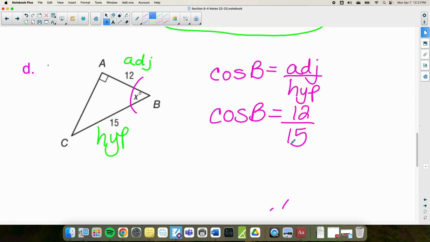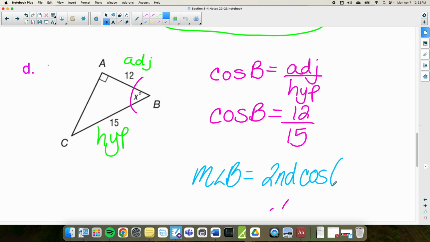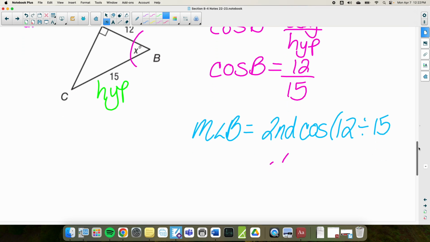Gentlemen. And then what you're gonna do when you're looking for the measure of angle B is you're gonna go second cosine, and then you just go 12 divided by 15. Okay?